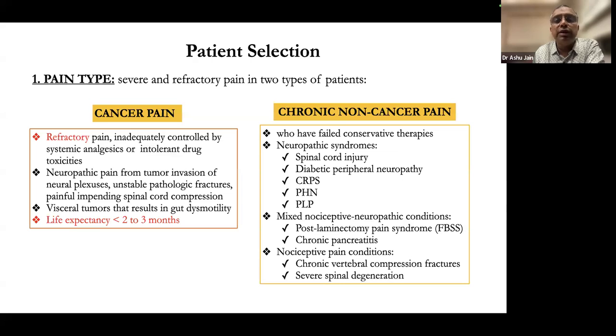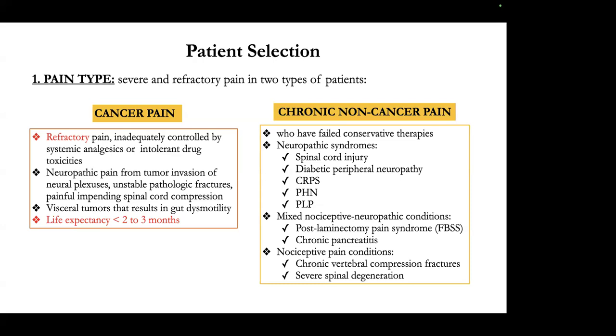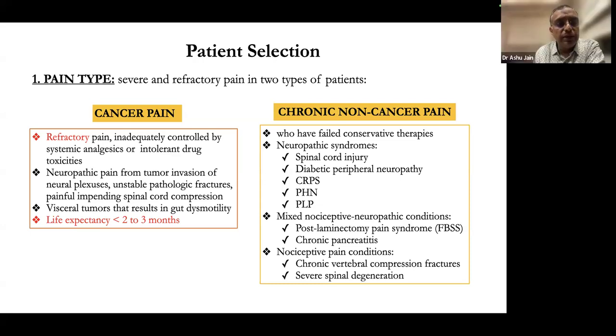It is useful in both cancer and non-cancer pain. In cancer pain, particularly, I would recommend it for patients who are cancer survivors and have severe neuropathic pain, and their disease is now inactive. They are probably the most ideal patients for these kinds of intrathecal pumps, and we have seen the results in these patients.